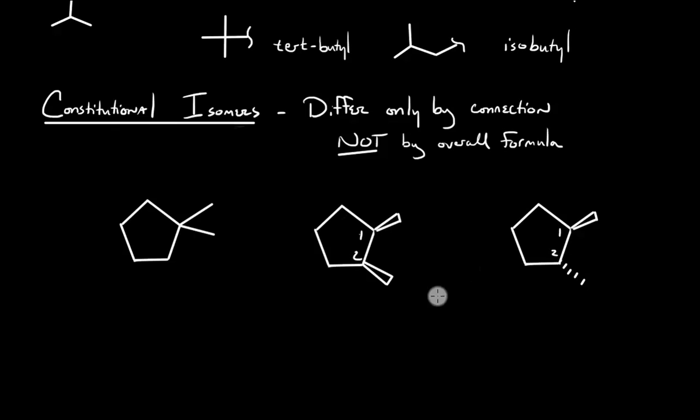What has changed is the way that these groups are oriented in space. So if both of these are pointing at you with your 3D glasses, one of them is now pointing towards you and one of them is pointing away from you. And we would call these two molecules not constitutional isomers anymore, but stereoisomers. And these molecules are isomers that differ only in the way that the atoms are oriented in space.